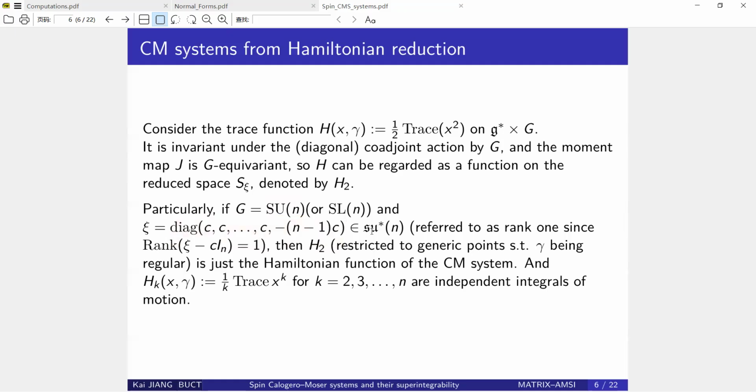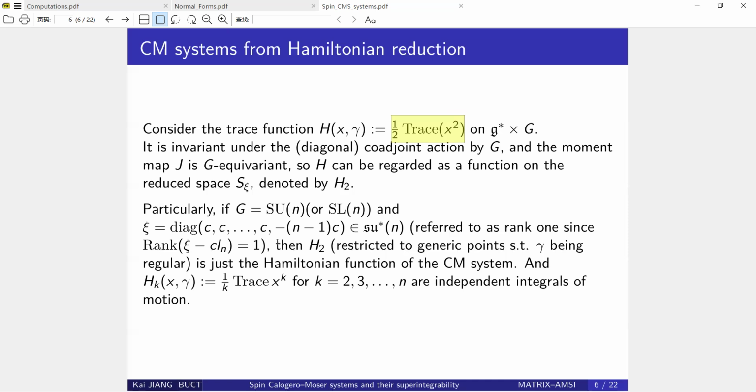We call this a rank 1 case, and in this particular case we get exactly the classical Calogero-Moser system. Then in this case, this trace is exactly what we defined before.